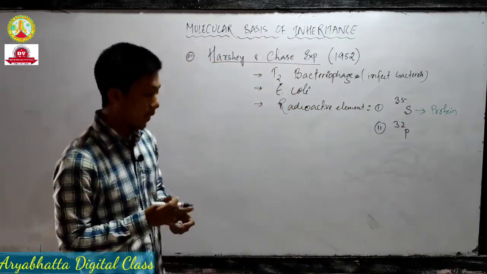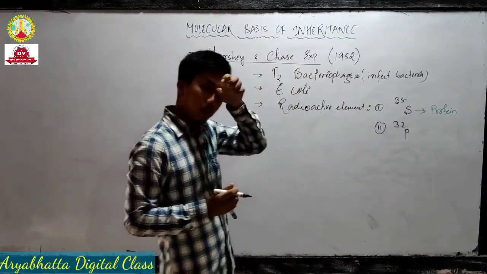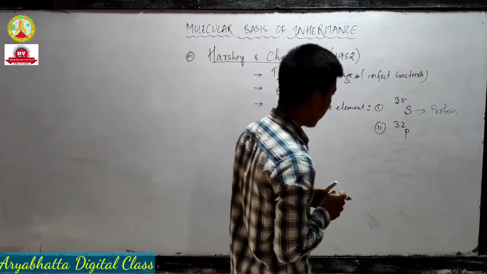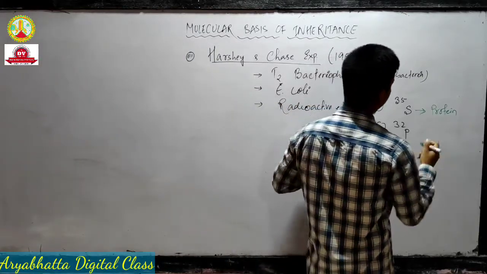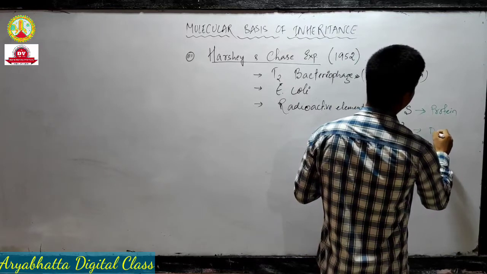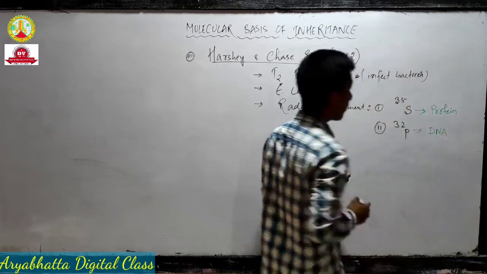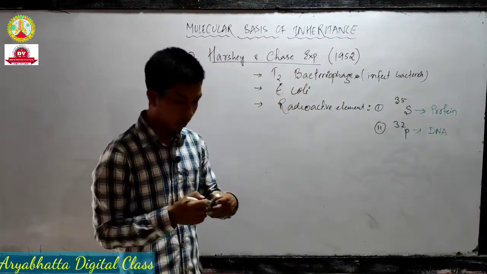So sulfur 35 and phosphorus 32 are the radioactive elements they have used. Remember, phosphorus 32 always binds with DNA. They have a specific role.